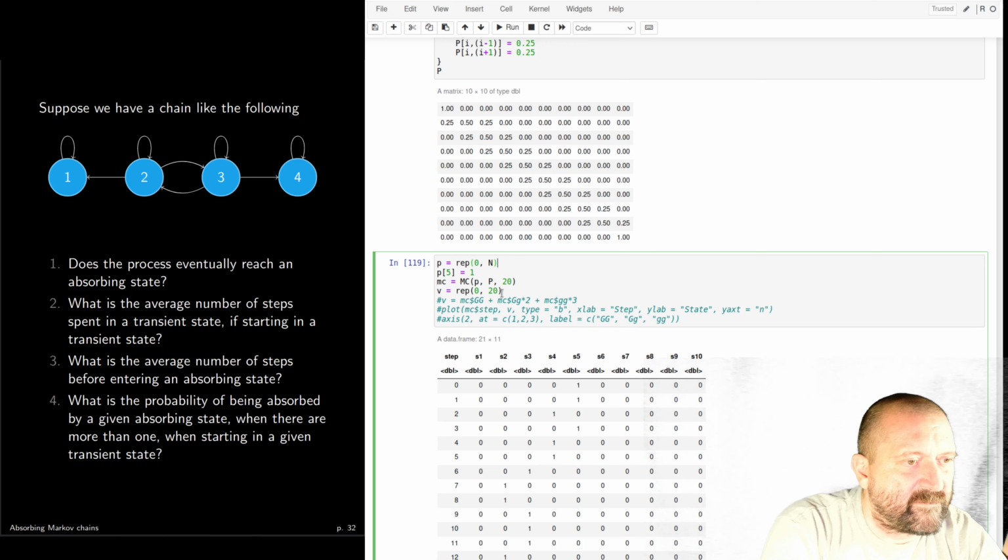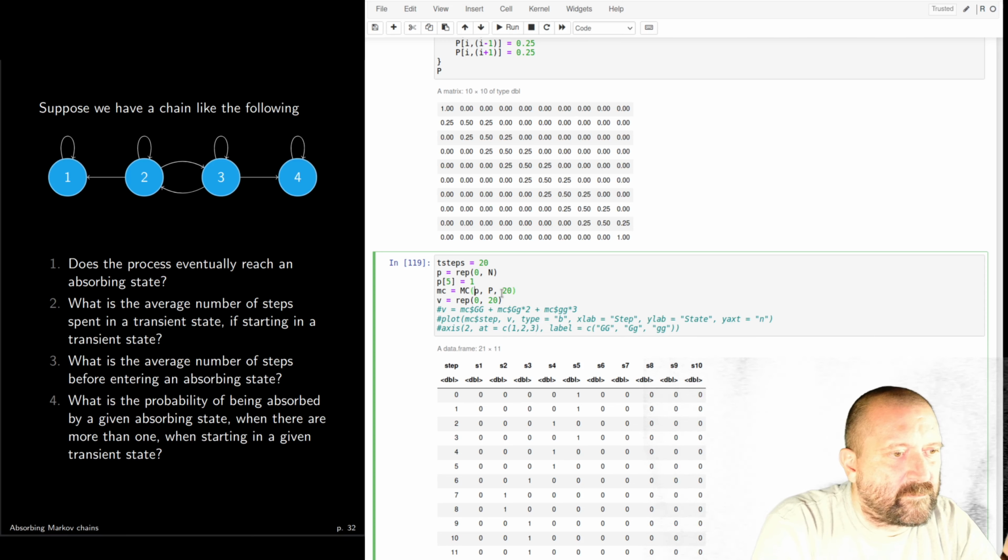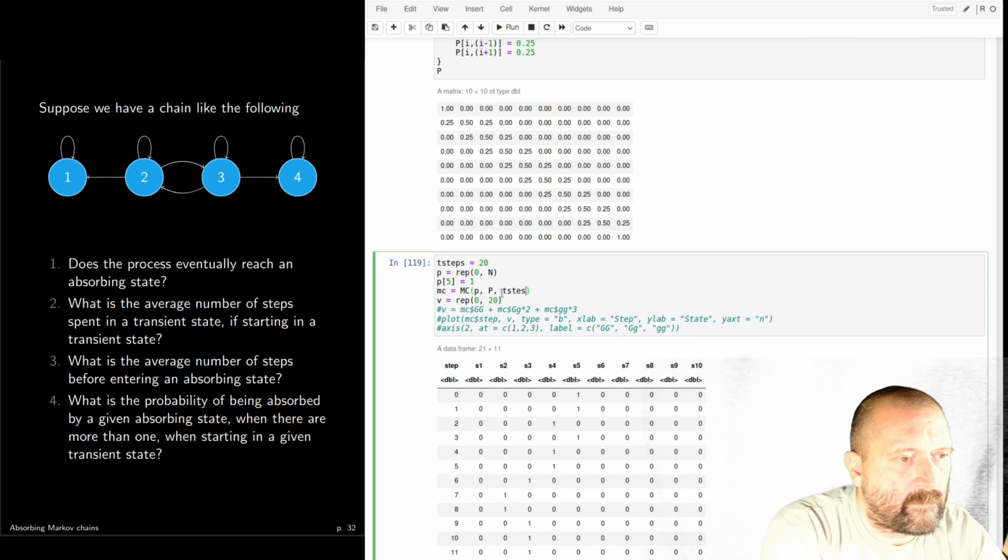Let's make the time steps a variable. So I'm going to make time steps here, and time steps here.